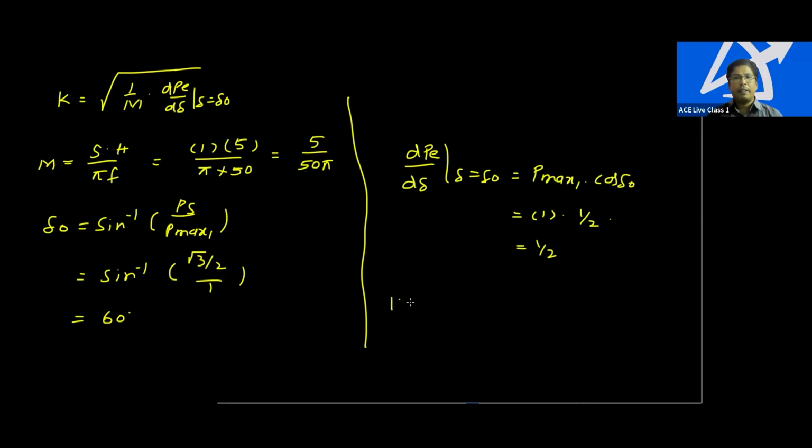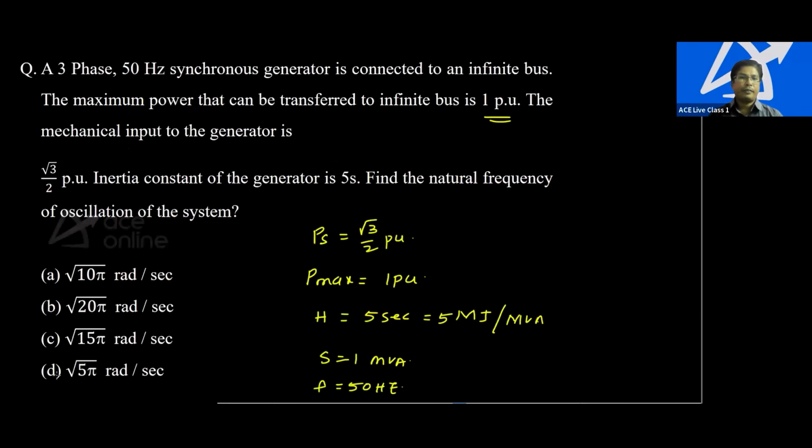Substitute that value here. Frequency of oscillations will be the square root of 1 by M into 1 by 2. 1 by M is 50 pi divided by 5, into 1 by 2, so it is 50 pi divided by 10. It will be root 5 pi radians per second.